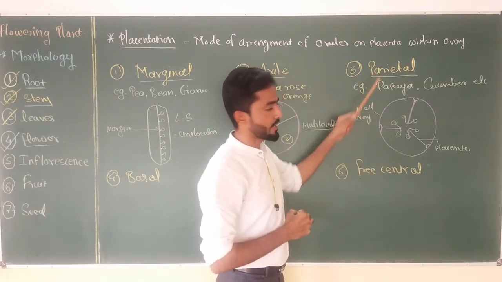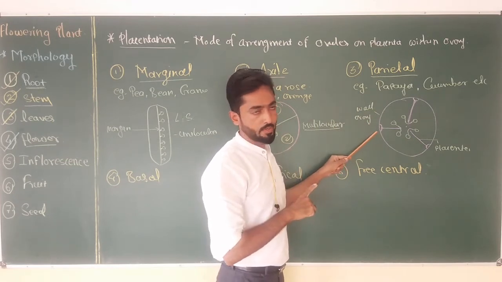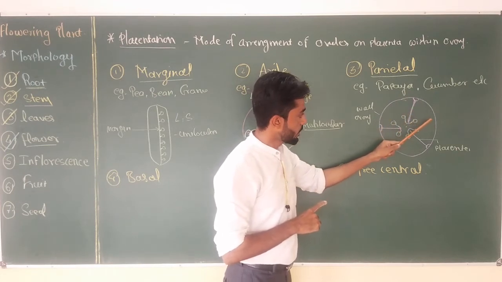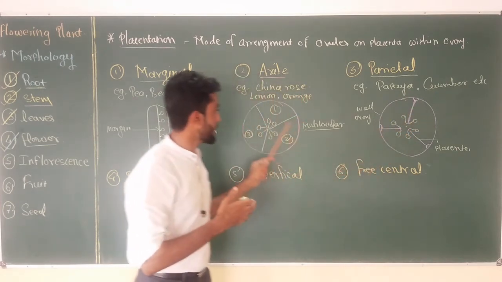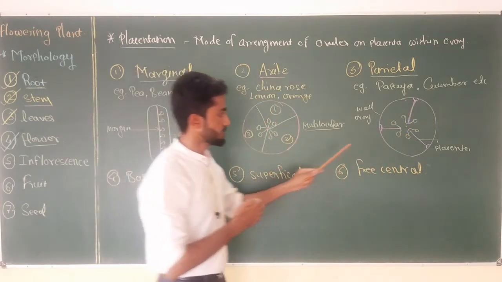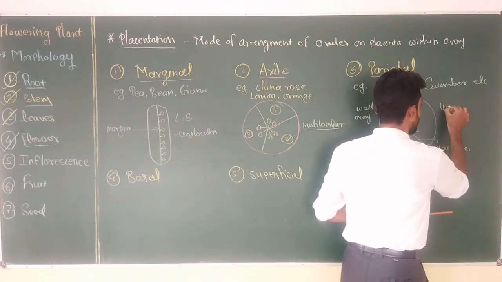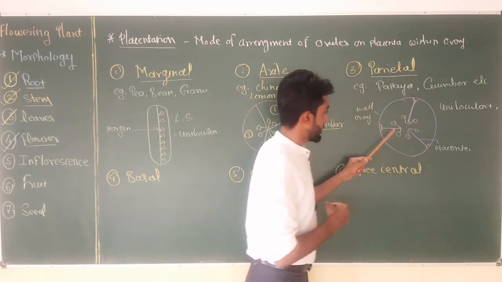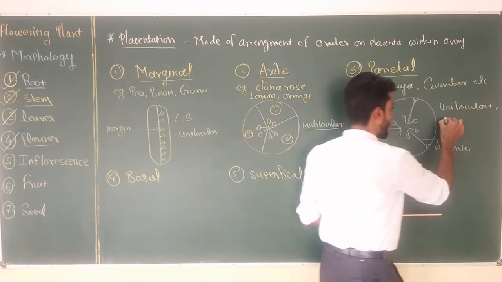So it is called parietal placentation. An example is papaya and cucumber. In this case, you can see the ovary does not show different compartments, so it is called unilocular. But multiple ovules are present, so polycarpellary.